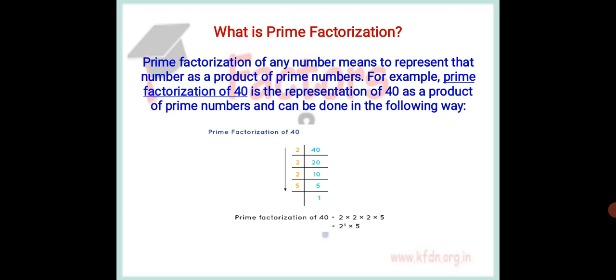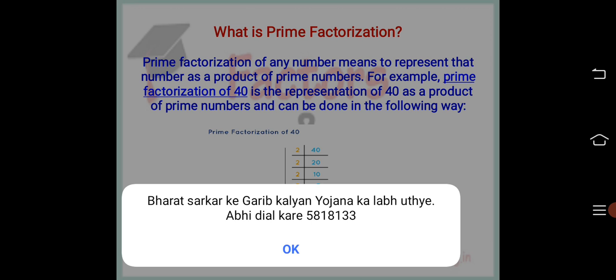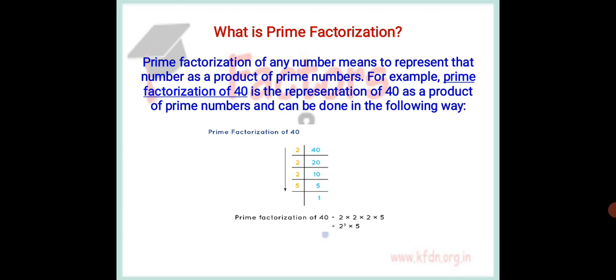In the last example that I have discussed with you, for example, the prime factorization of 40 is the representation of 40 as a product of prime numbers and can be done in the following way.